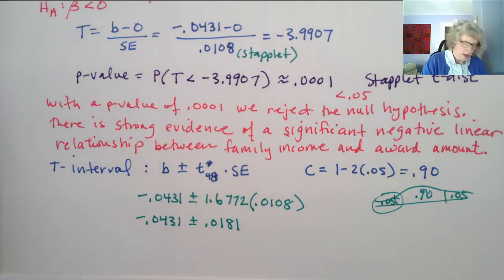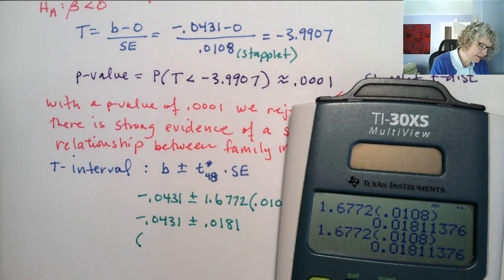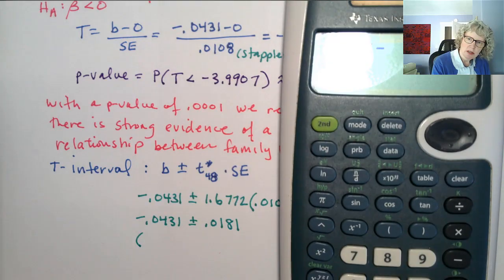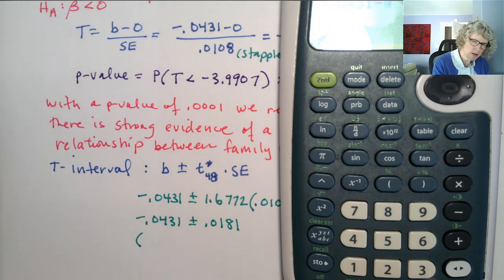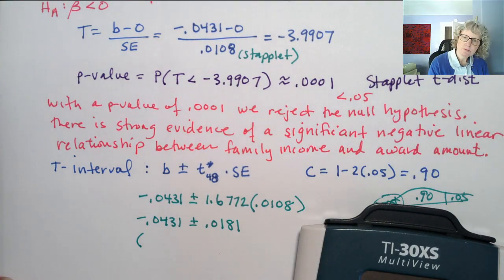Now we can add and subtract, or subtract and add. Negative 0.0431 minus, remember the negative is different than the minus on this kind of calculator. The negative is down here and the minus is over here. Different than an operation.